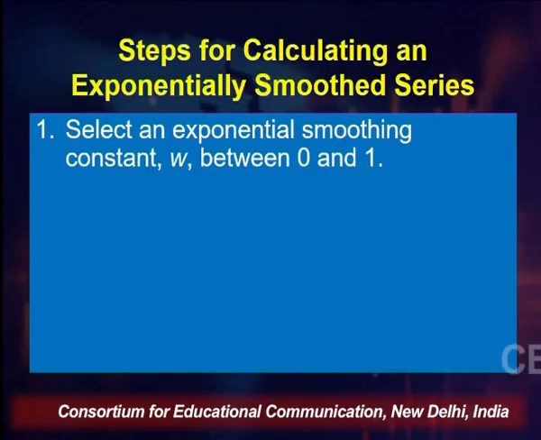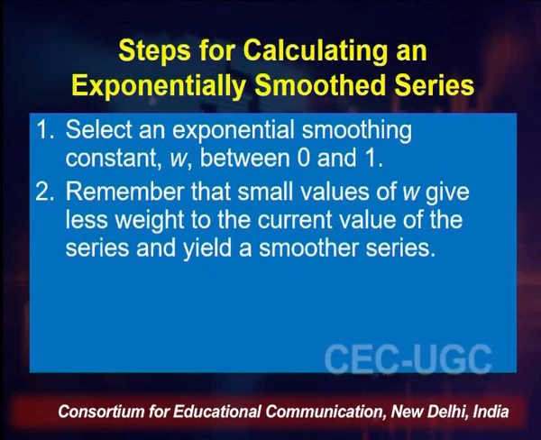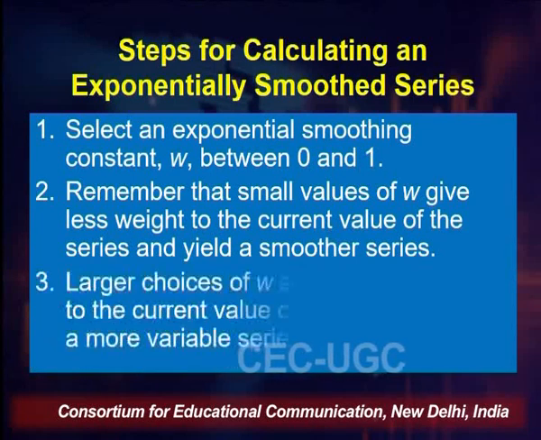We first select an exponential smoothing constant which is called W, and it is always between 0 and 1. So we assign a numeric value to that exponential smoothing constant. It is something which we select, and then remember that small values of W give less weight to the current value of the series and yield a smoother series. Since we wish to have a smoother series, we are doing so.